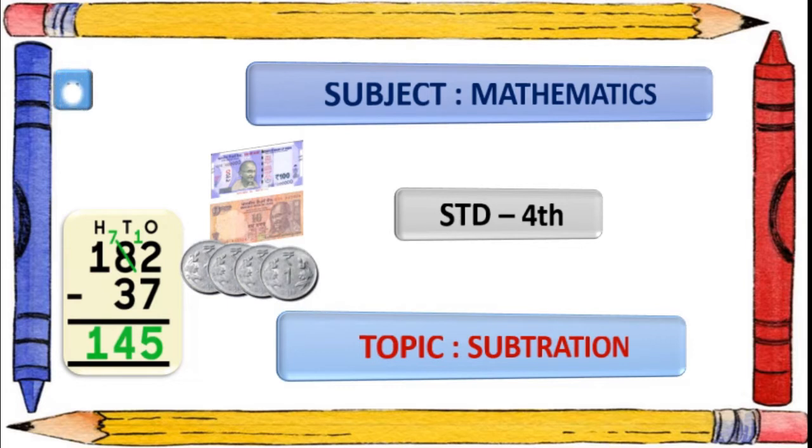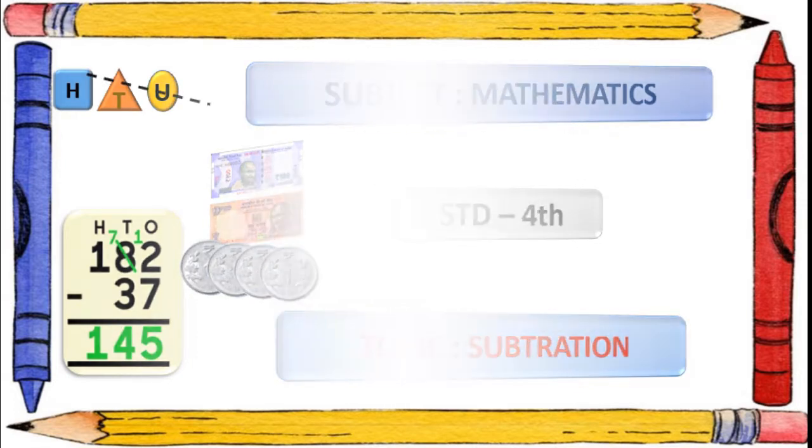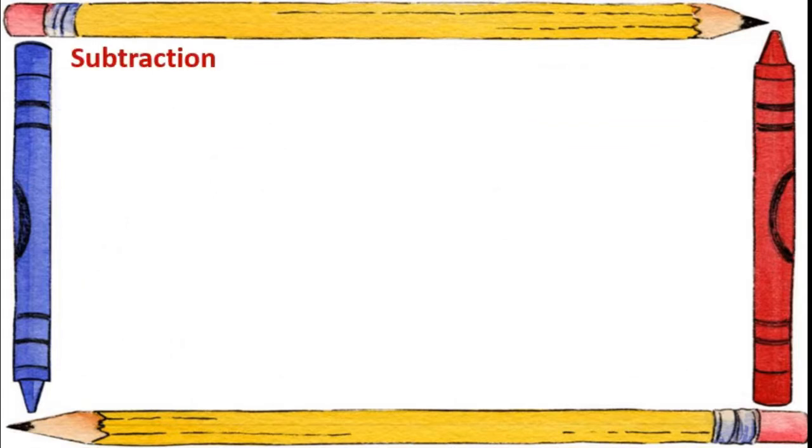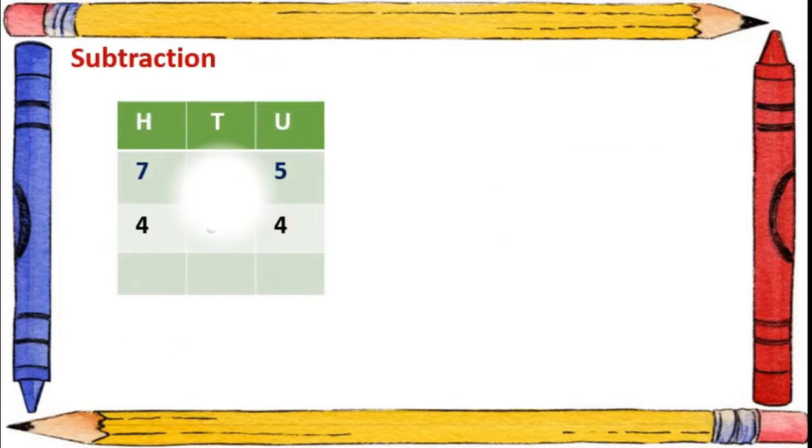Students, today we will learn the subtraction of 4-digit numbers and also of 5-digit numbers. Okay? Subtraction, we will do this. We will take a quick recap of the last lecture.